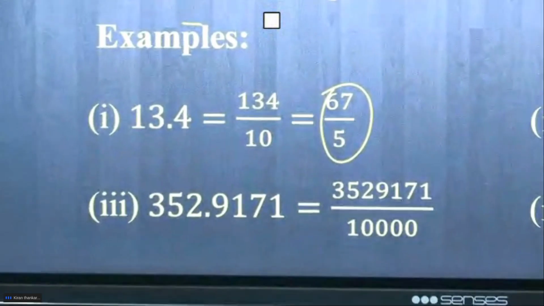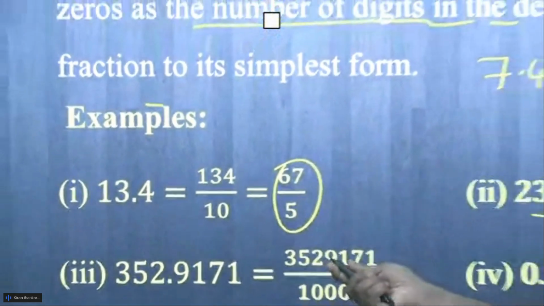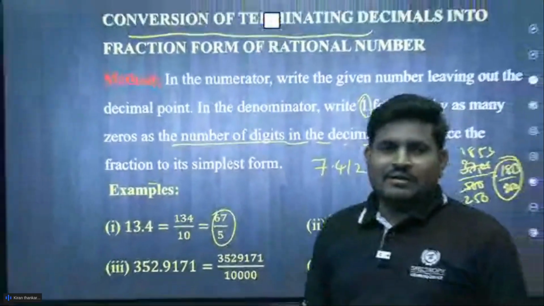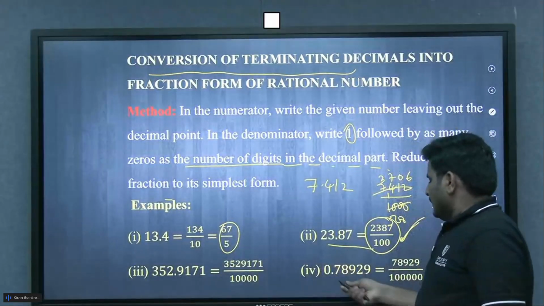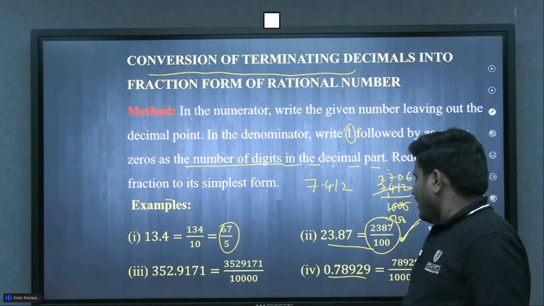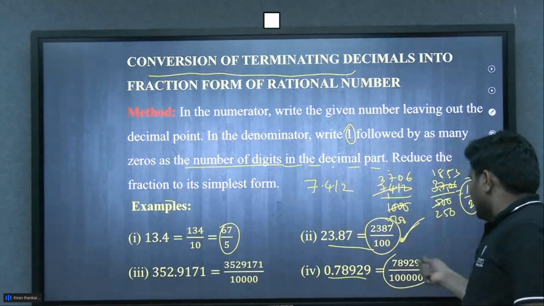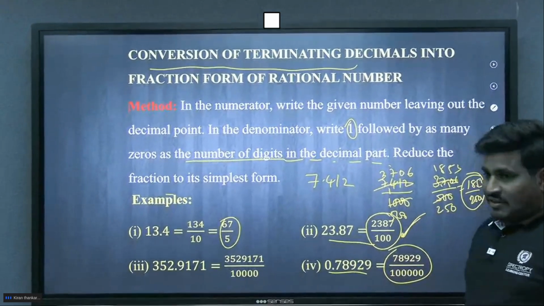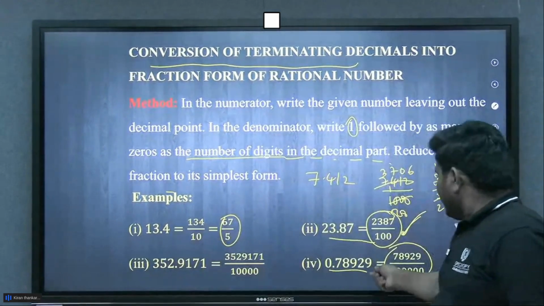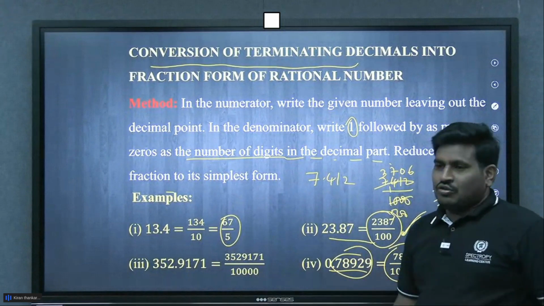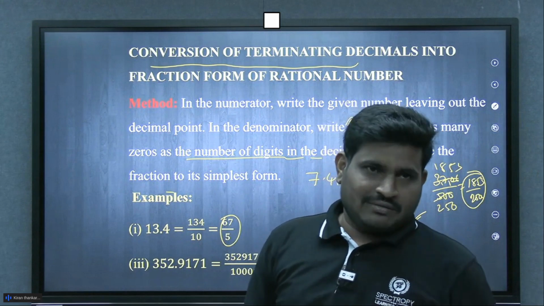Next, 0.78929. When we write this, it is 78,929 divided by how many zeros? 5 zeros, which means it becomes 1 lakh. So it is divided by 1 lakh.